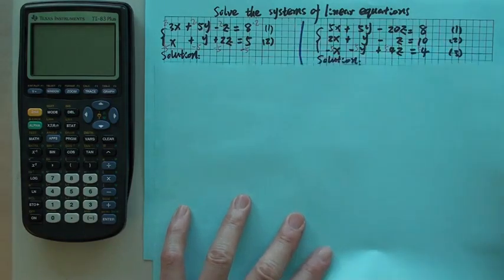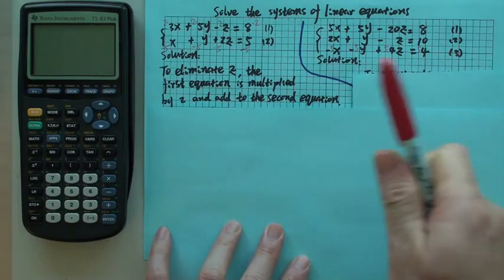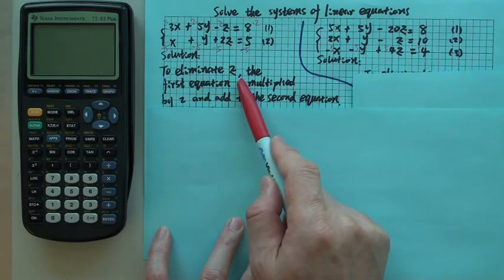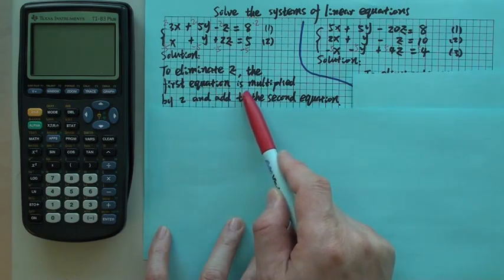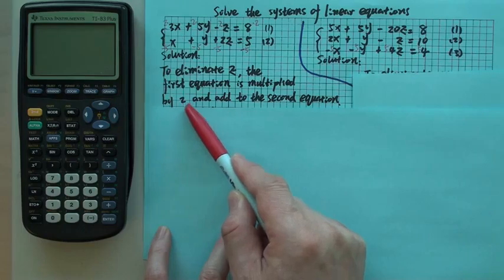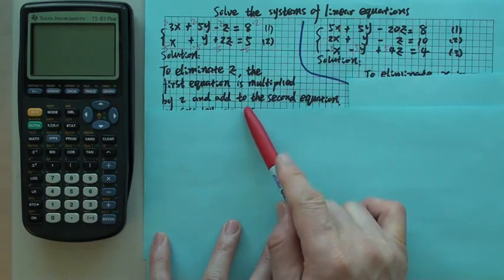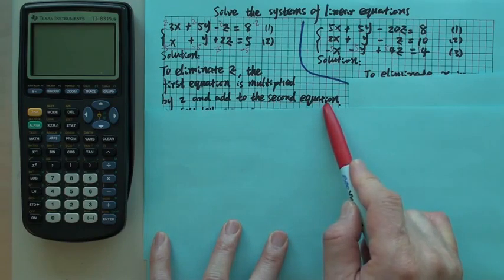Okay, now here is what I wrote. To eliminate z, the first equation is multiplied by 2 everywhere, and then added to the second equation.